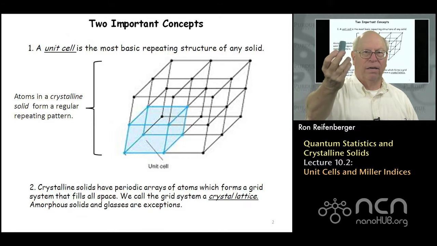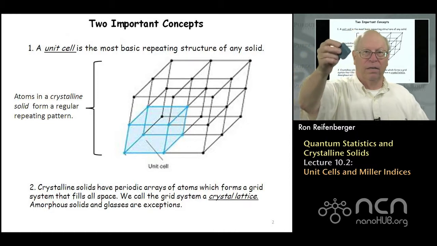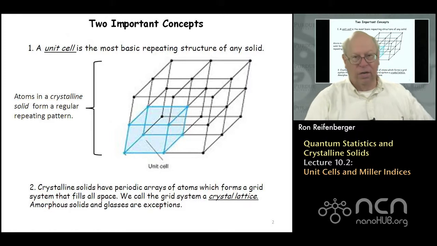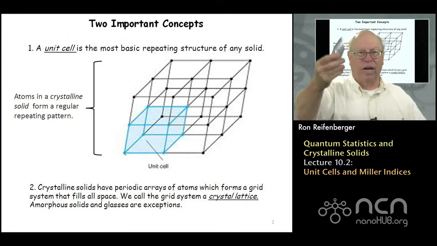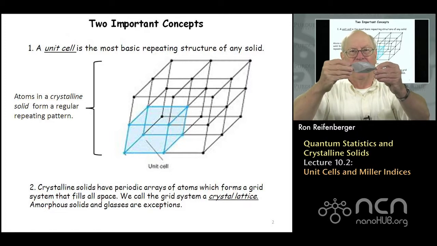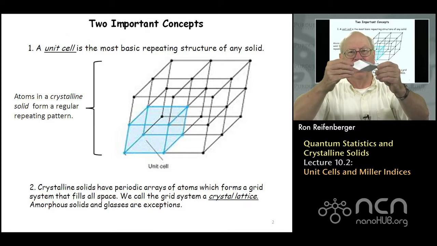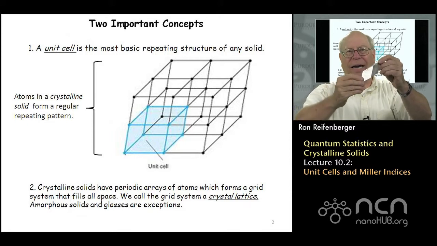Oftentimes unit cells may not be cubic. They could be rectangular, so this is more of a parallelepiped, right? The dimensions in the different directions are not the same, but the angles between the three directions are all 90 degrees. And then you can get these very strangely shaped unit cells, which are really rhombuses. The dimensions of the unit cell could be different in different directions, and the angles between the different directions are no longer 90 degrees.